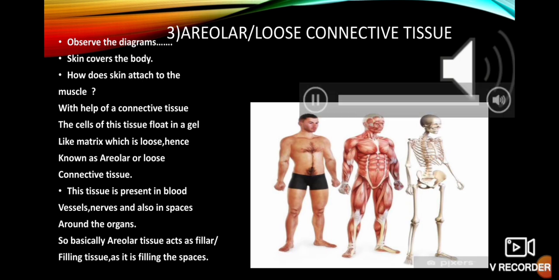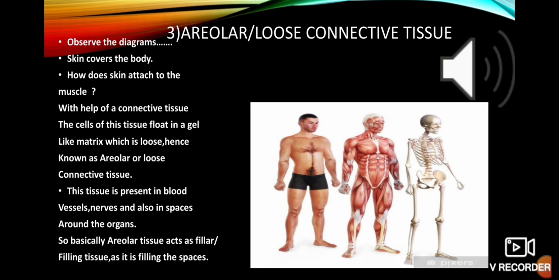The second type of connective tissue is areolar or loose connective tissue. In the following slide, you can see the picture of three. The first shows the human being. The second is also a picture of a human being but only with the muscles. And the third is the skeletal system.